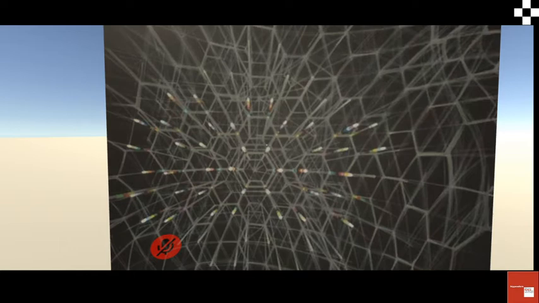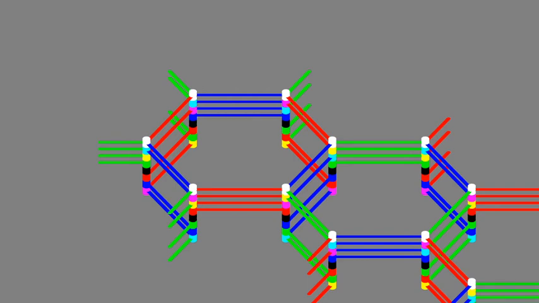Here it is. I think I should have had it in the software before. Oh, I think you see it.